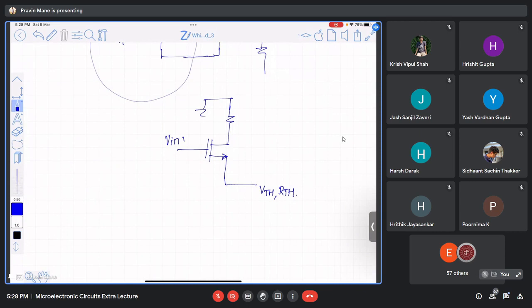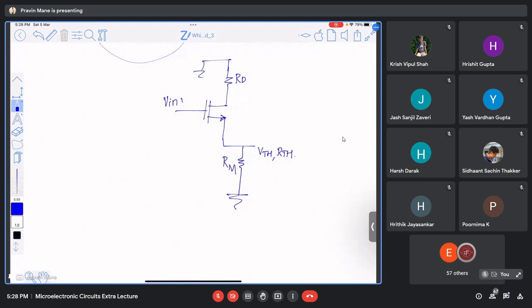Now, in order to calculate V Thevenin, what I will assume is, because now writing the gain equation becomes really difficult, I will consider here a dummy resistance Rm. And later on I will substitute it by infinity, because it is not there, which means I can replace it by infinity. Now, in this case, can you tell me what is the gain of the circuit?